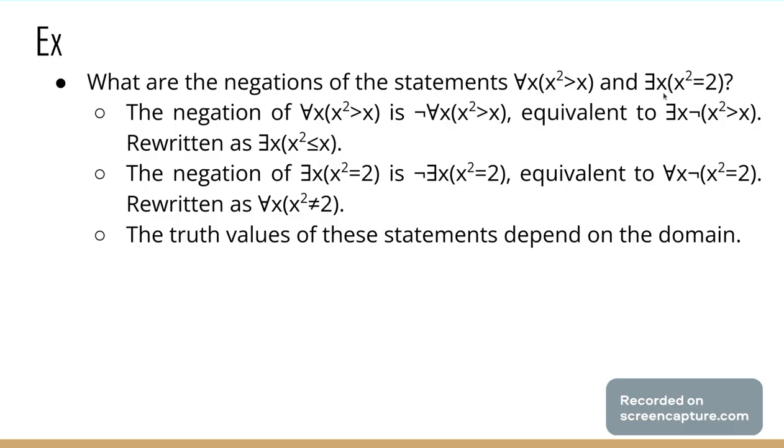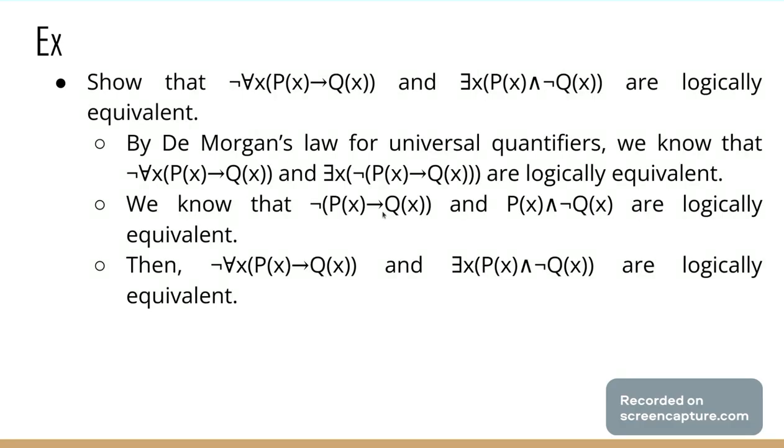Similarly, there exists x, x square is equal to 2 will become for all x, x square is not equal to 2. Assumption is that the domains are the same. Okay, now let's show that these two statements are logically equivalent.